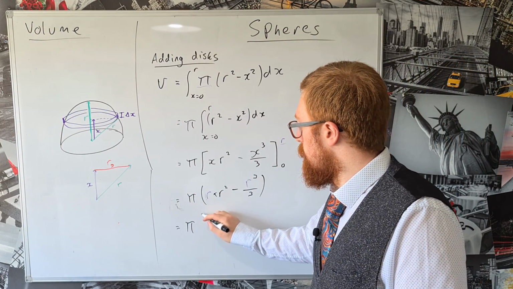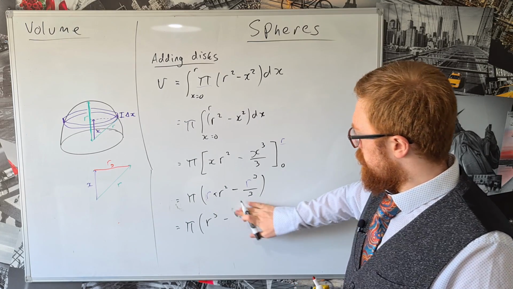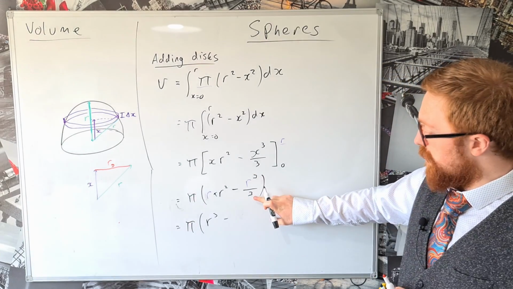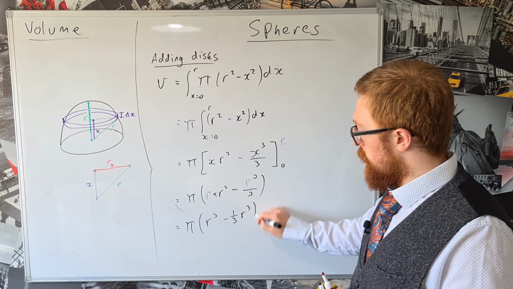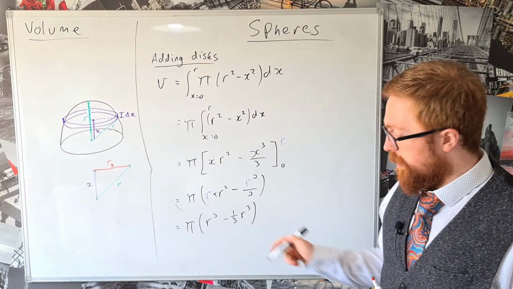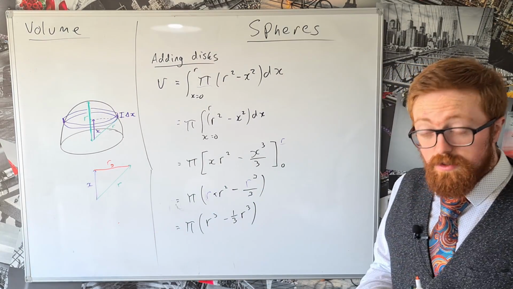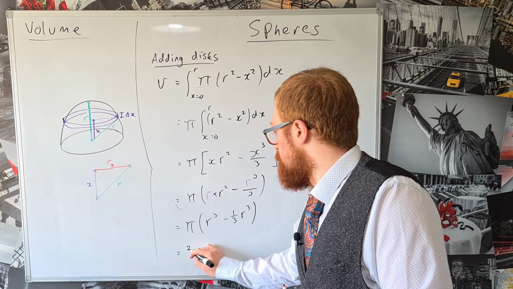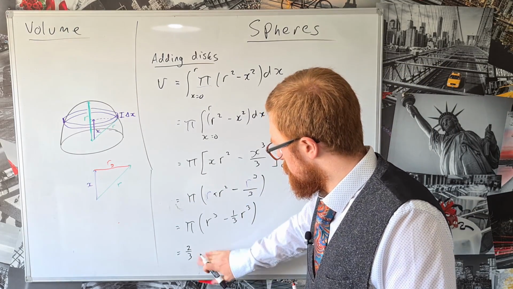So we get pi times, well, r times r squared is just r cubed. And instead of saying r cubed over 3, I'm going to subtract a third of r cubed. That's exactly the same, r cubed divided by 3 is the same as a third of r cubed. Well, r cubed minus a third of r cubed is 2/3 r cubed. So we get 2/3 pi r cubed.